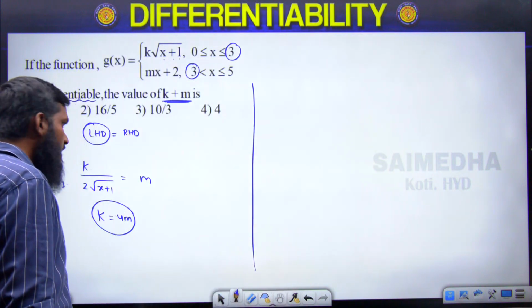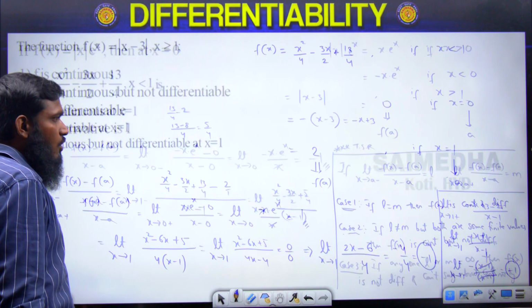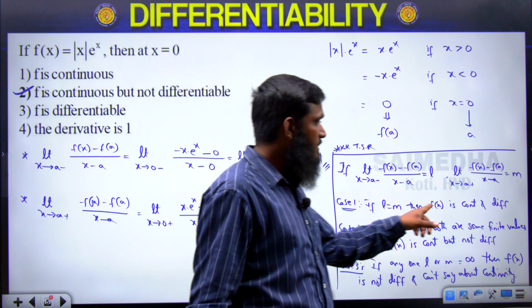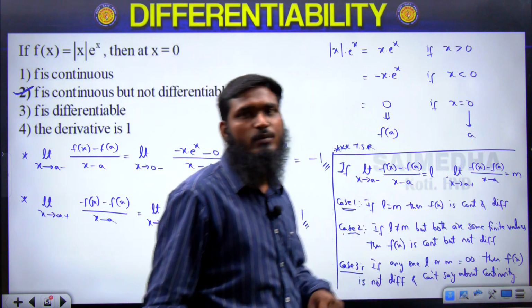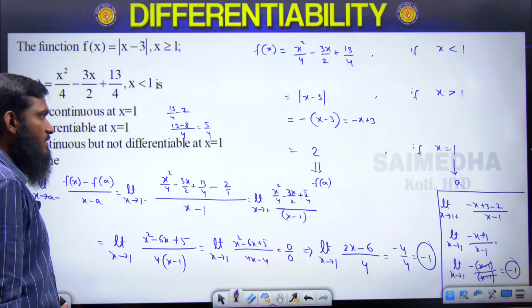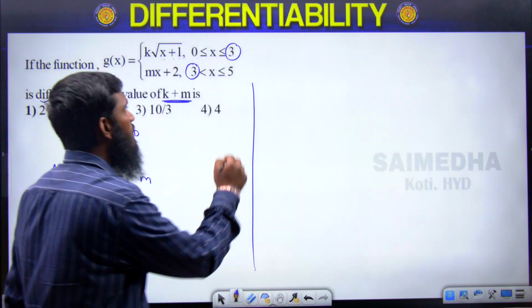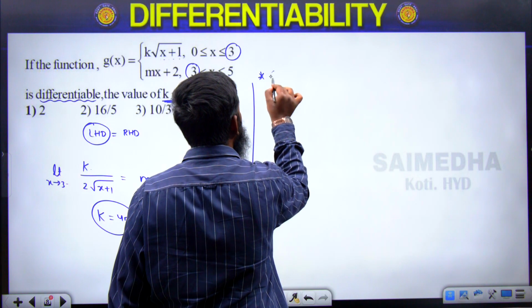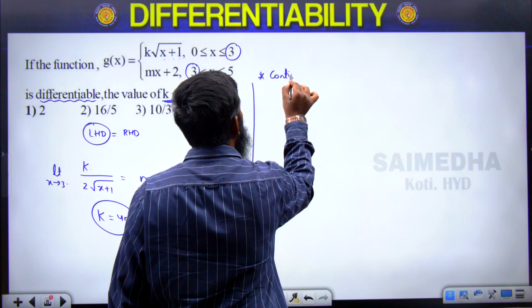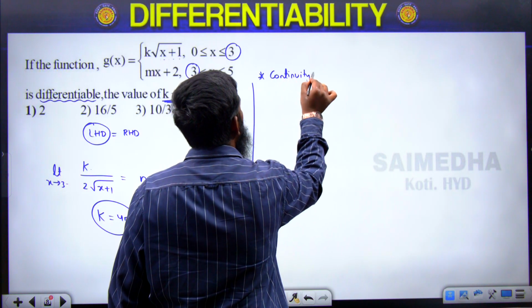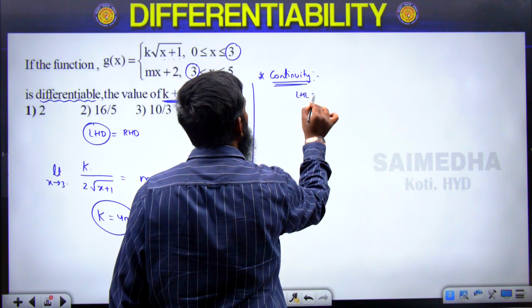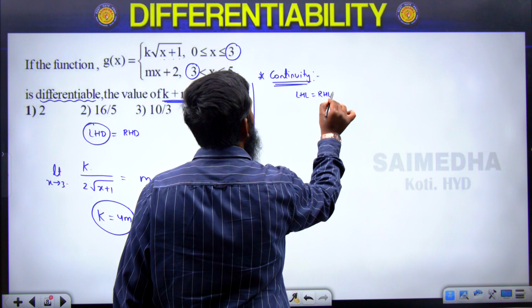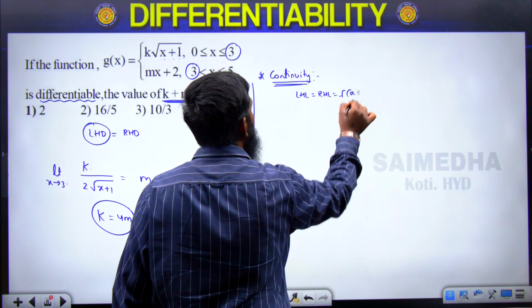So what we have considered over here: if it is already differentiable and both values are equal, then it will be differentiable as well as continuous. So now let us go with the continuity condition over here. According to the continuity condition, LHL value should be equal to RHL value, which should be equal to f of a.